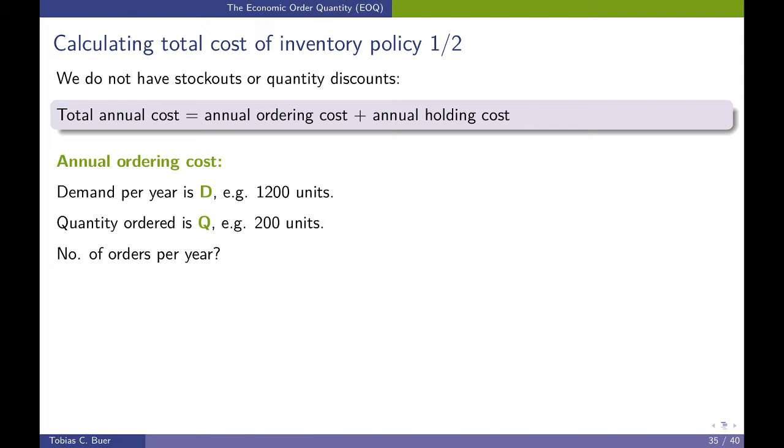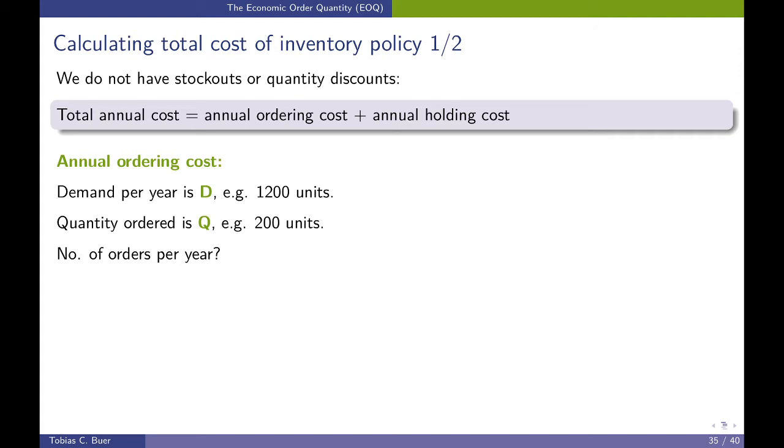And on the other hand, we have the order quantity. We just use any order quantity, not necessarily the economic order quantity. The order quantity is given by the parameter big Q, and in this example it's 200 units.